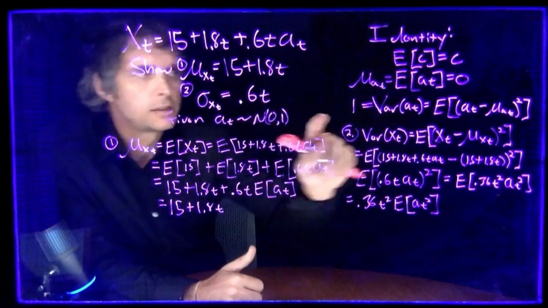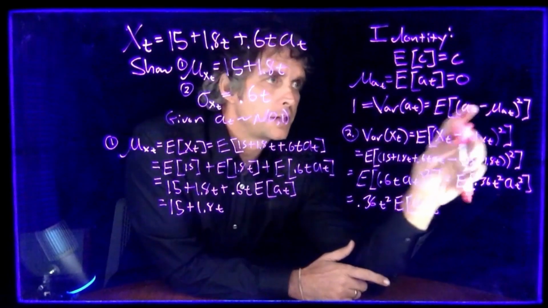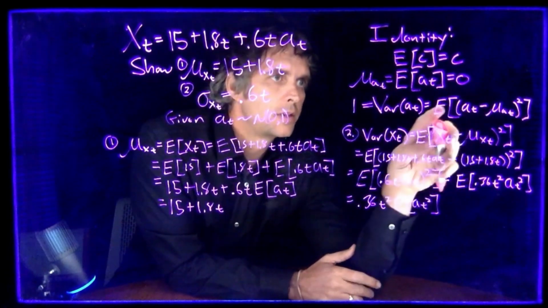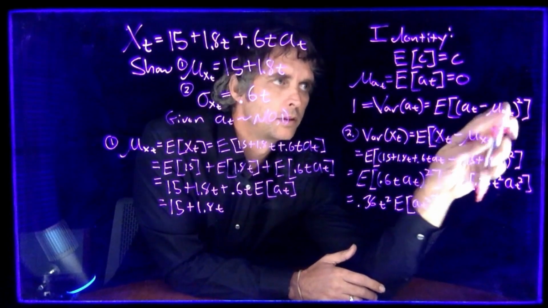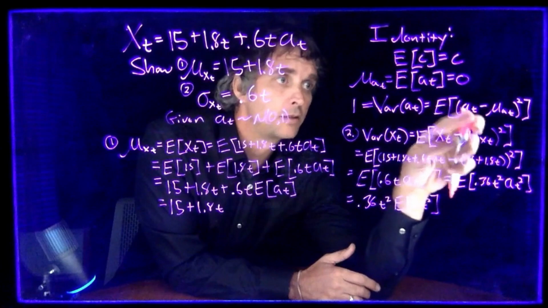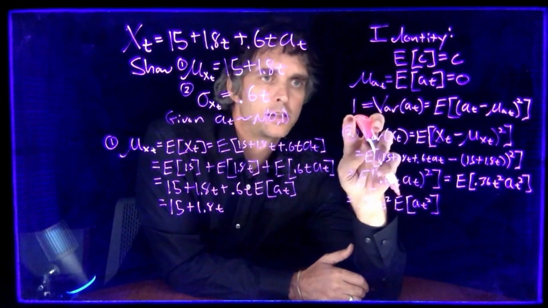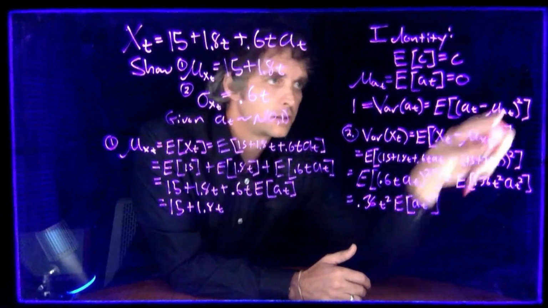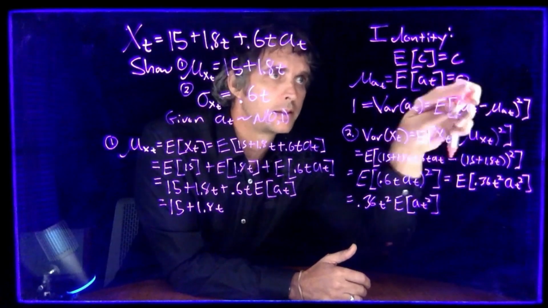Great, so let's go back to our identity and make a special observation. And that observation is, remember that mu at is equal to 0. So this is the expected value of at minus 0 squared. So that's the expected value of at squared is equal to the variance of at, which is equal to 1. And there it is, the expected value of at squared, that's just this, because mu at is 0.